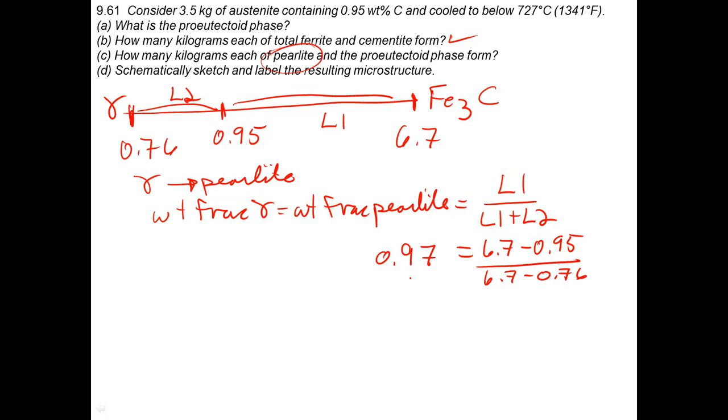So in terms of L1 and L2, I can calculate that the weight fraction of austenite is 0.97 and recognize that this is also the weight fraction of perlite.